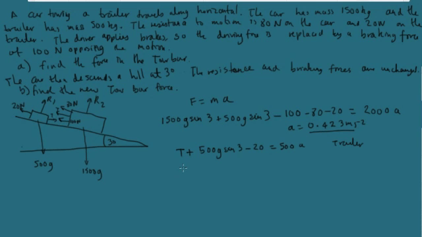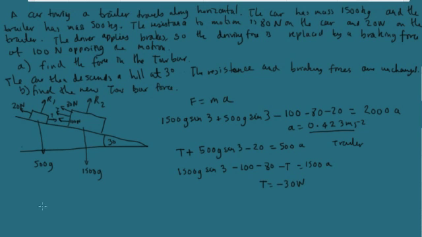And the car will have 1500 g sine 3 minus the 100 from the braking, minus the 80 resistance, minus the tension in the tow bar, and that must equal 1500 times A. Doing all that calculation, rearranging everything, T is equal to minus 30 newtons, which is what we have below.